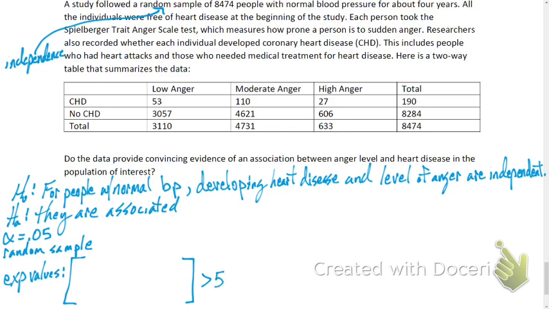That's what has to be true. I'll double check that when I write them down. And let's run the test. We are going to do a chi-squared independence test. So grab your calculator and see if you can do it without me. If you don't know, then just follow along.